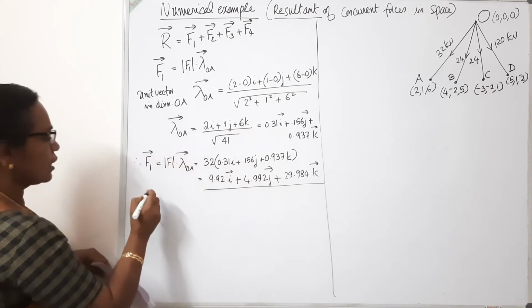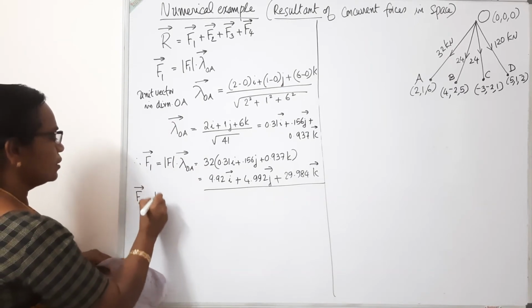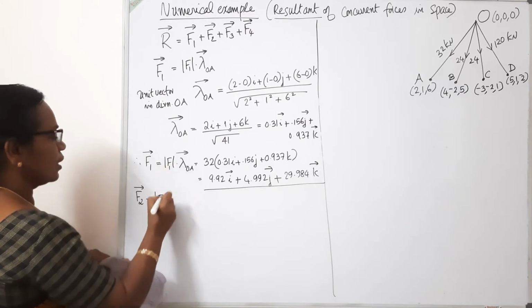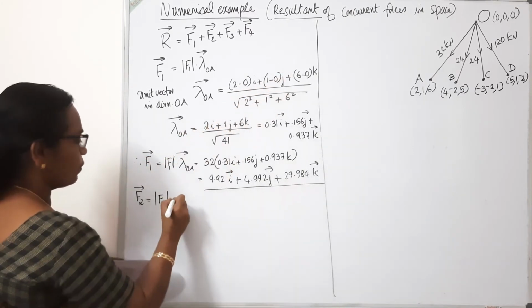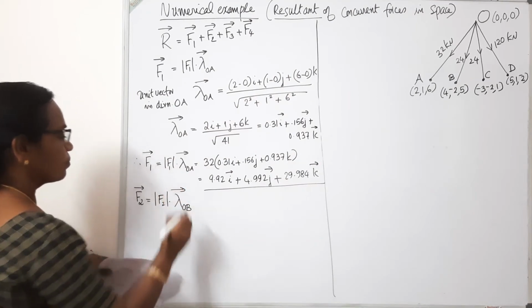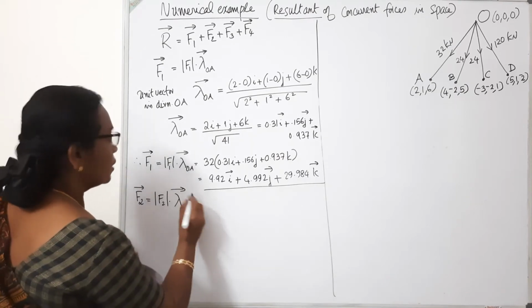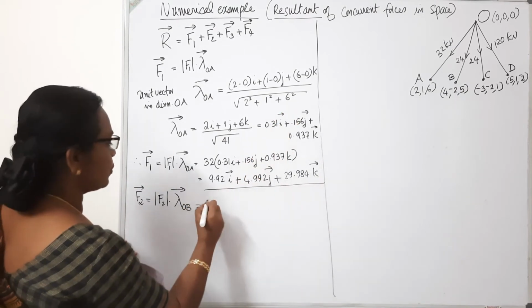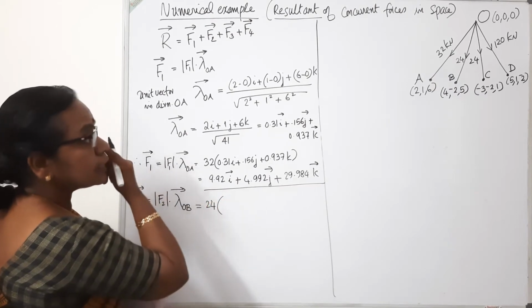Similarly, I have to get the second force vector F2. F2 is nothing but the modulus of F2 into the unit vector in the direction OB. So I can write it directly. F2, the magnitude of F2 is 24, into the unit vector in direction OB.